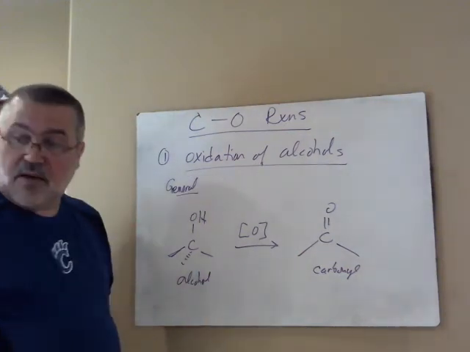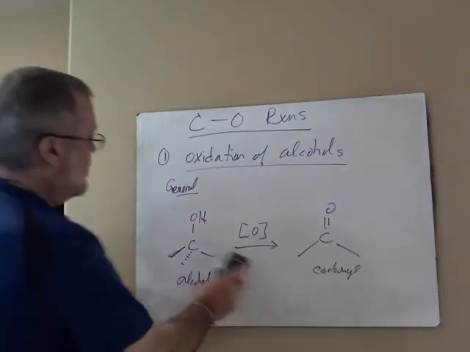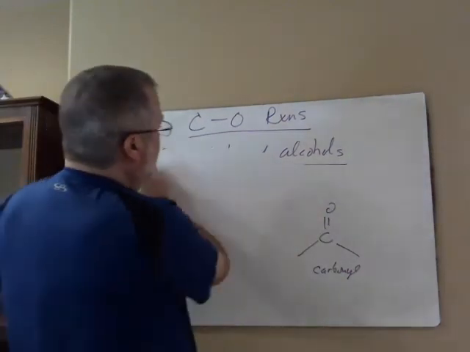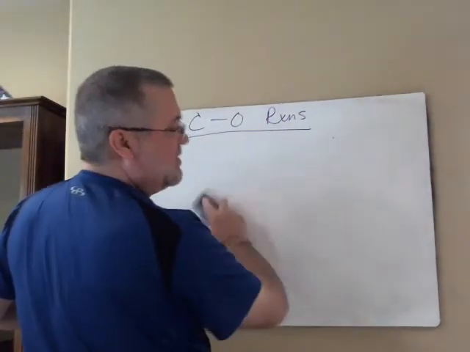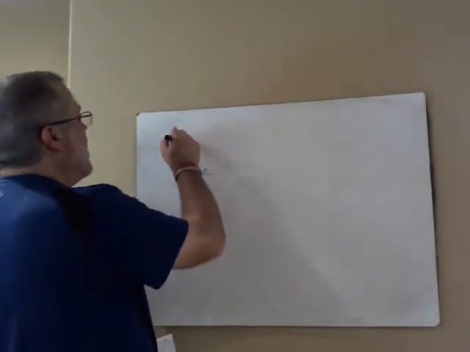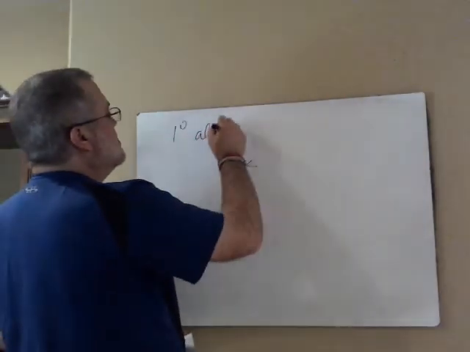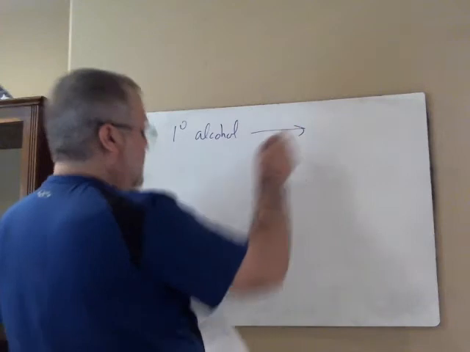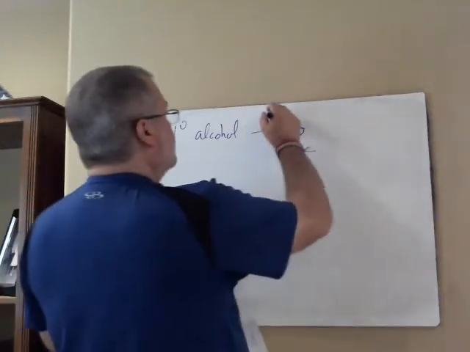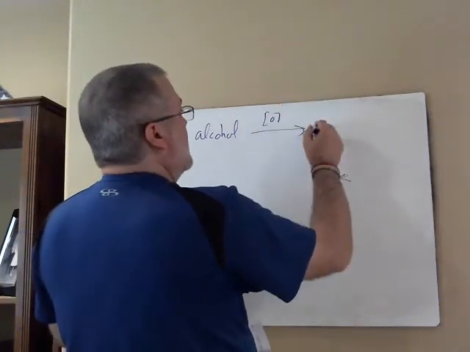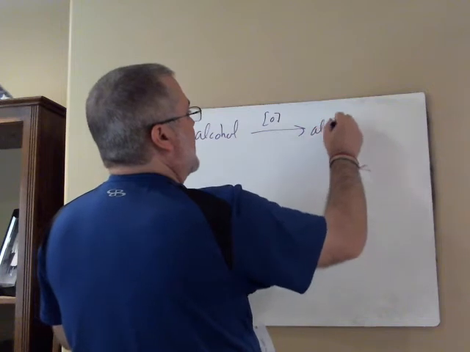Like we did with reductions, we're going to talk in a minute about what the common oxidizing agents are. But first, we want to just generally say, if you have a primary alcohol and you do this oxidation, you can form an aldehyde.